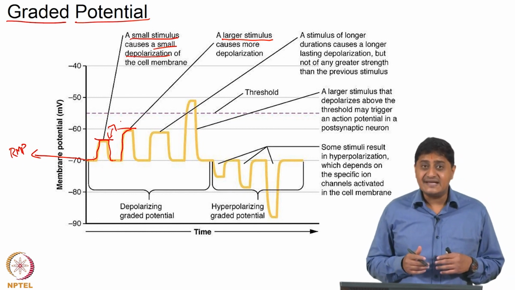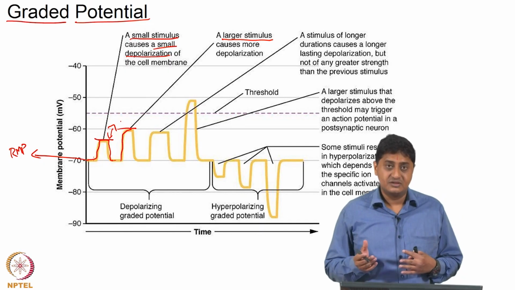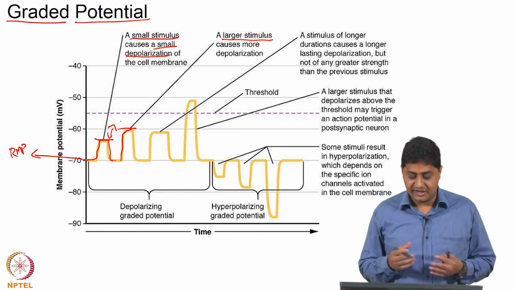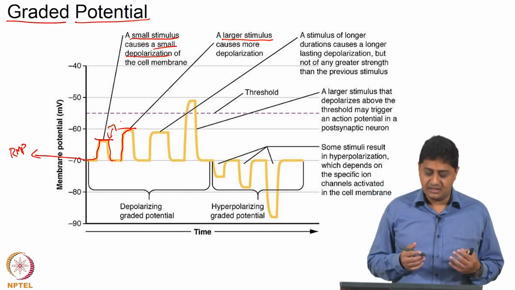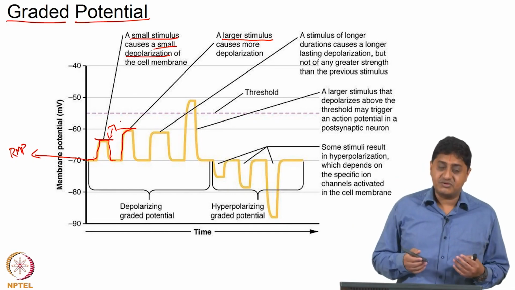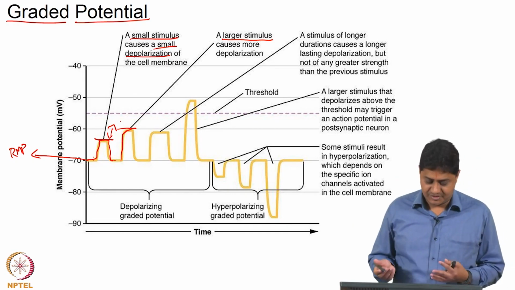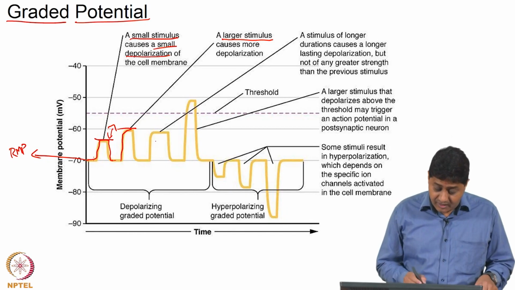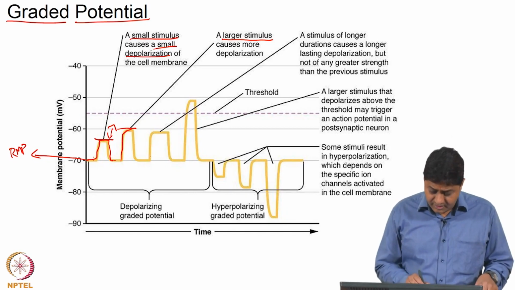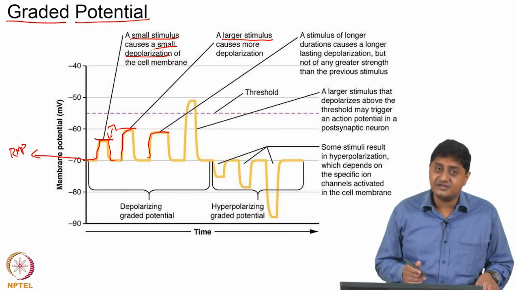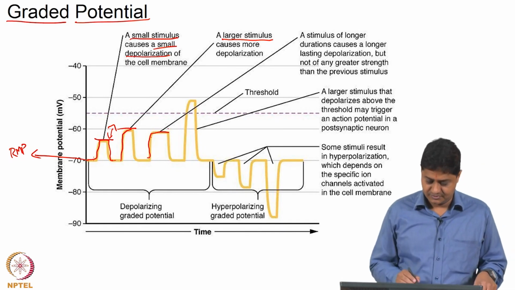In other words, there is a graded response to stimulus gradations, basically a one-to-one relationship between stimulus amplitude and response amplitude. And suppose the stimulus lasts for a longer duration, the response also lasts for a longer duration.